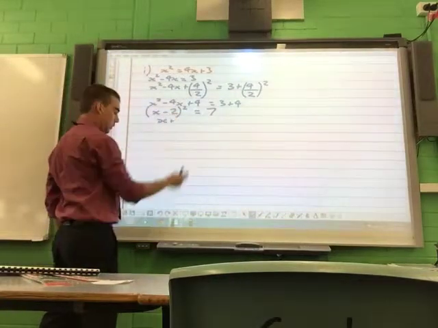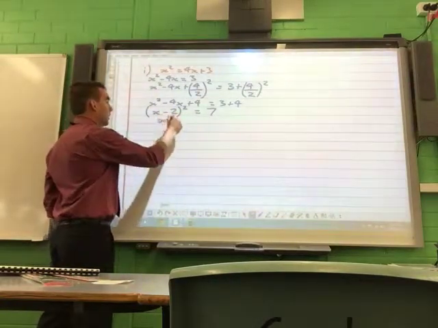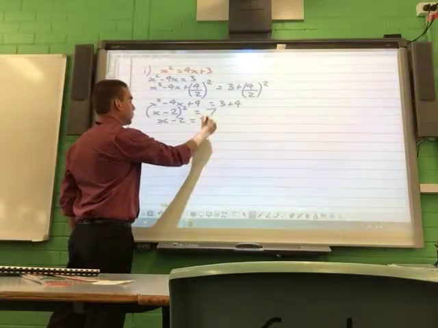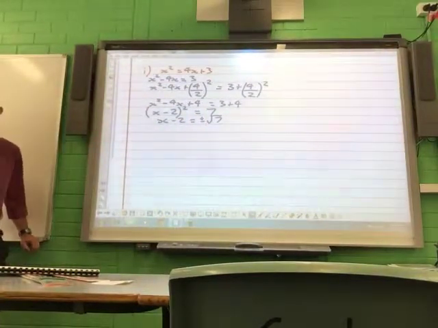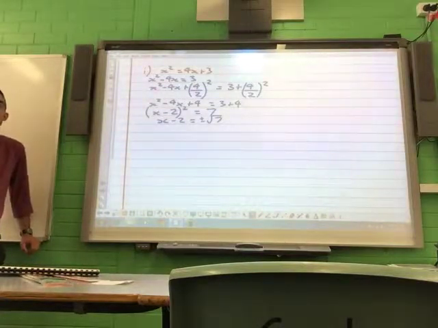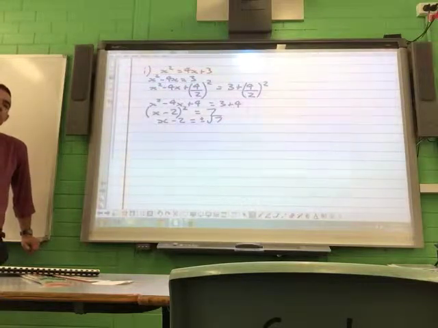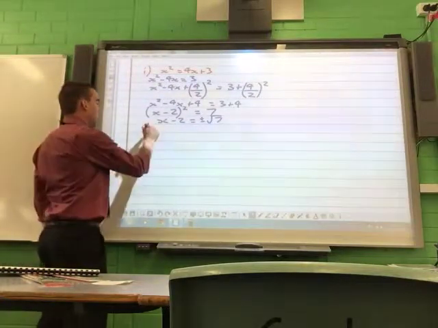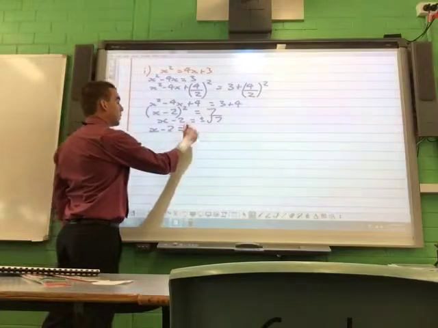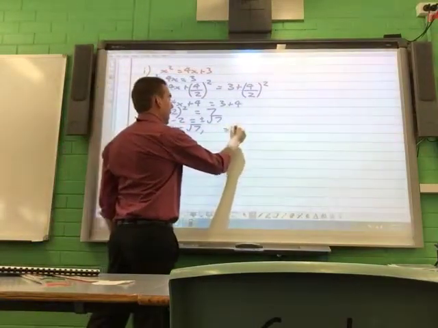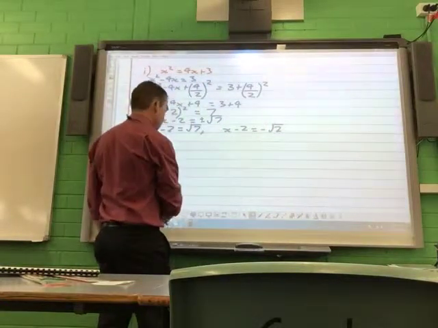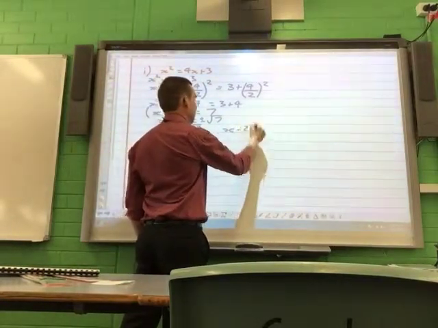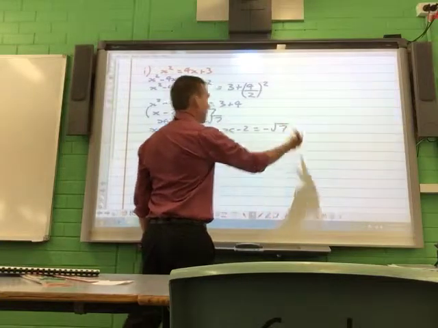Right, x take away 2 is plus or minus root 7. So when you take a square root, you need to have the plus or minus component. We'll look at some cases later on in your course where we're only considering either the positive or negative square root. That'll come up when it comes up. So x take away 2 is square root of 7, and x take away 2 is negative square root of 7.